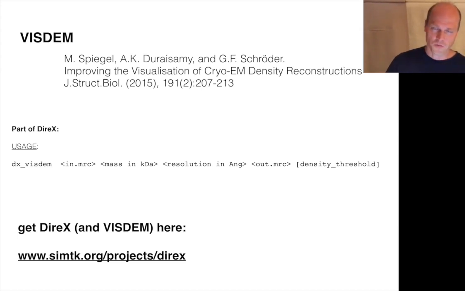And maybe I should mention that VISDEM can also estimate the number of atoms for you. Sometimes your reconstruction has flexible parts, and then the density is missing. So even though you think you should see 300 residues, say, 50 of them could be missing due to missing density, and you don't really know how much is missing.